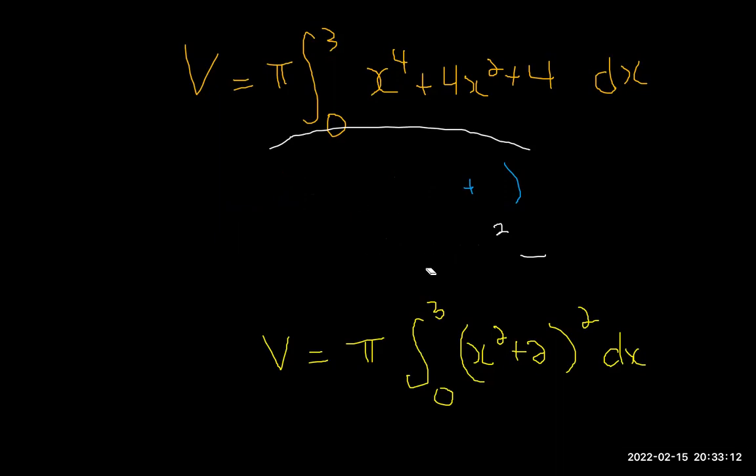Now I can integrate. I can apply my rules. I see sums, so I can integrate each individual term. So that's what I'm doing now, right? Just using the rules to integrate each individual term.